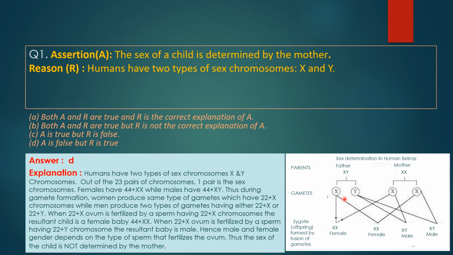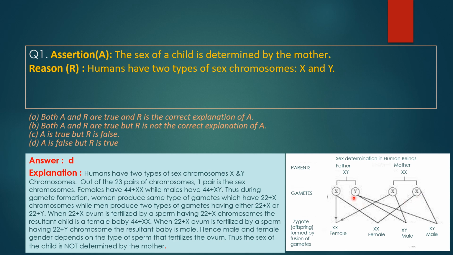The other 50% of the sperms carry Y chromosomes. However, in case of the mother, all the ova carry only X chromosomes. So when the sperm having X chromosome fuses with the ovum having X chromosome, what we get as the offsprings are women, irrespective of whether this fuses with this X or this fuses with the other X.